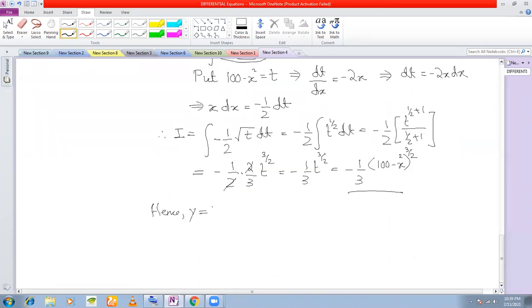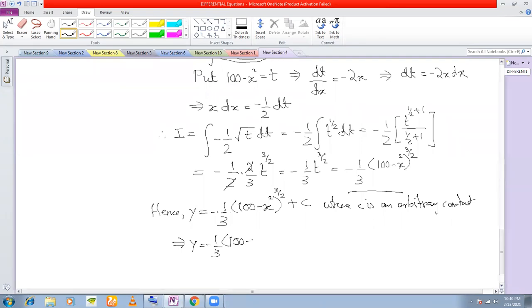We have found this, minus 1/3 into 100 minus x square to the power of 3 by 2 plus c, where c is an arbitrary constant. Okay. Now you can also write this as minus 1/3 into 100 minus x square root 100 minus x square. Any doubts here?